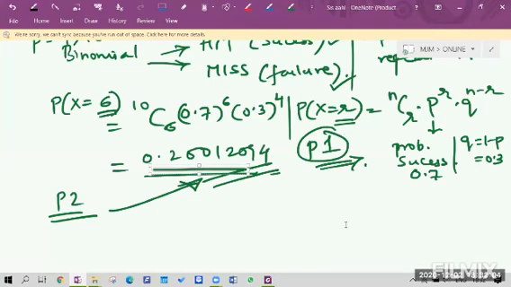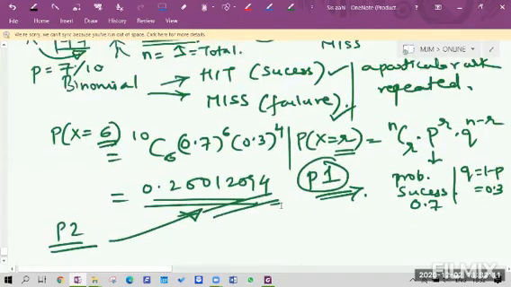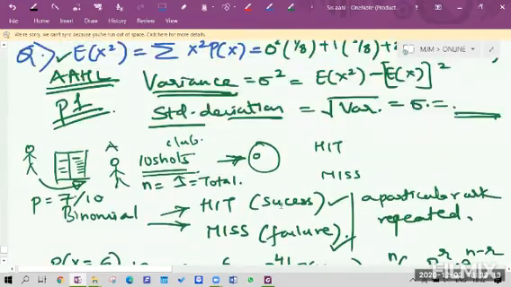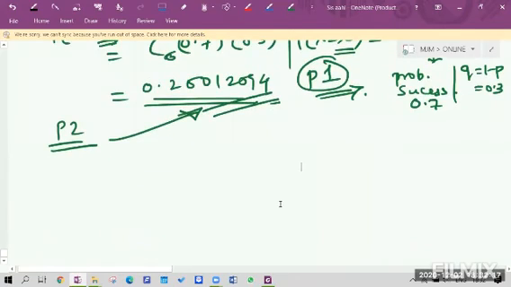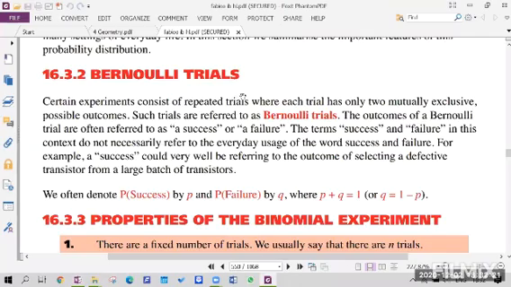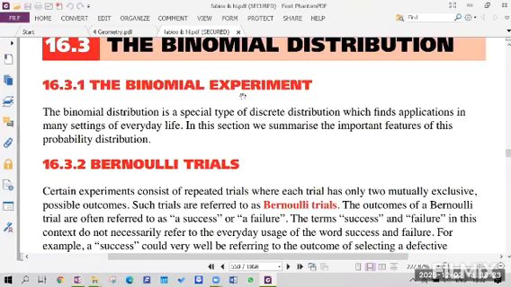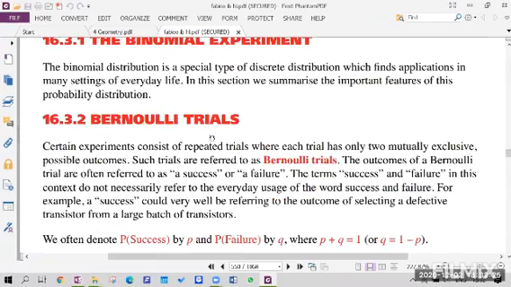Done? Okay. So that was binomial distribution, right? So all your binomial distribution sums need to be done this way. I hope that's clear. You can just go through some examples of it. So this binomial distribution has Bernoulli's trials.